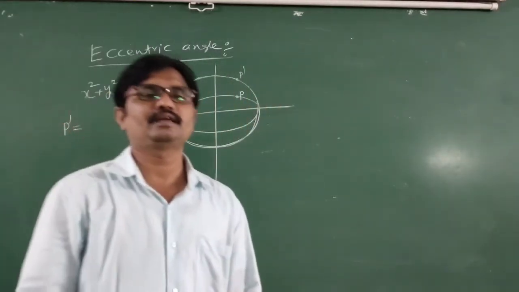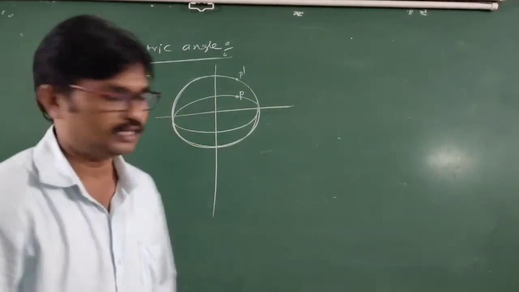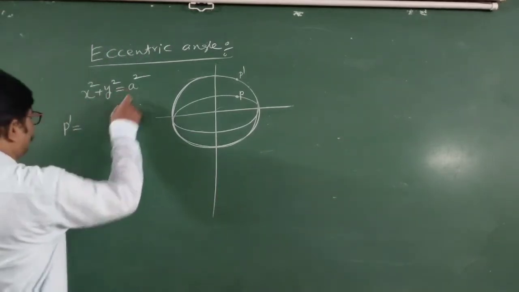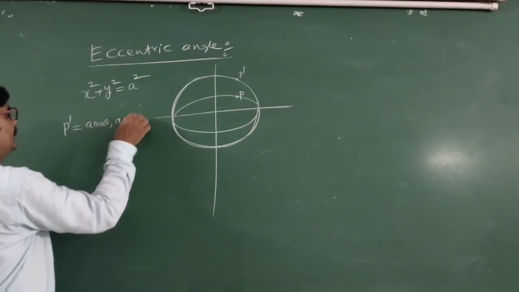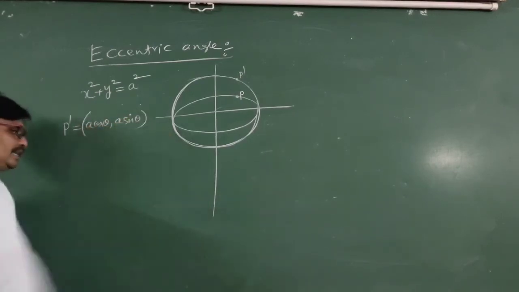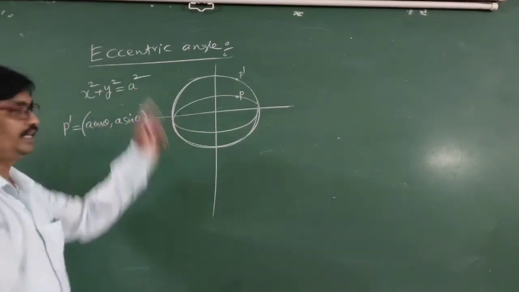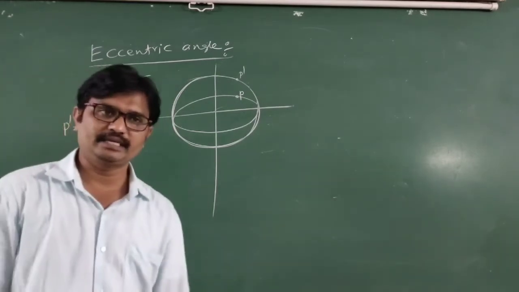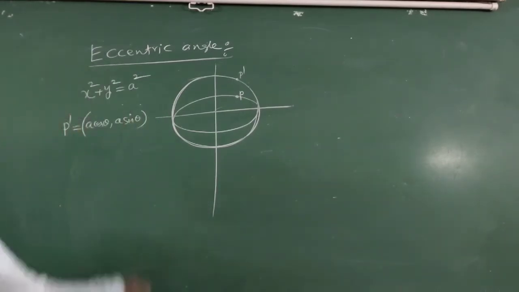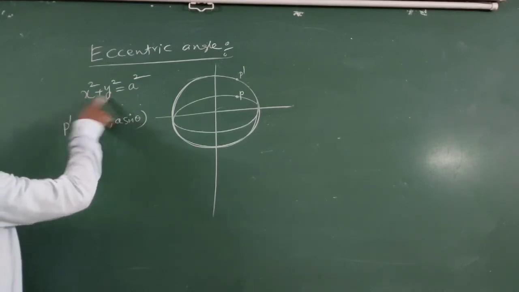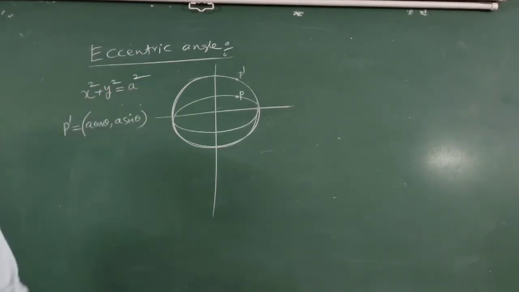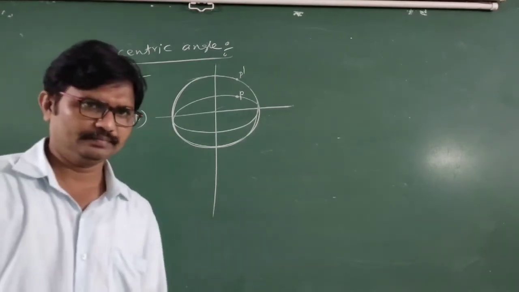H plus r cos theta, comma k plus r sin theta. H and k values are 0, so that is a cos theta, comma a sin theta, where r is a. Dear students, substituting here, a square cos square theta plus a square sin square theta is a square. Is it clear?